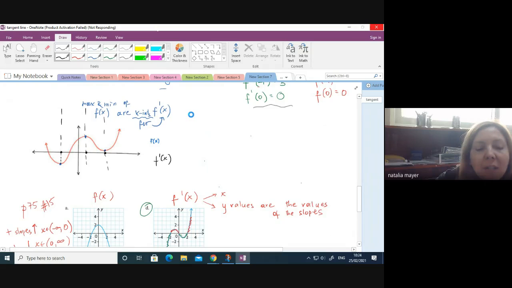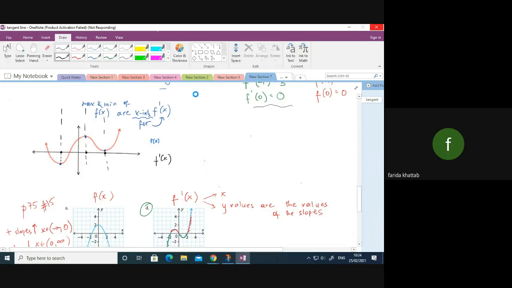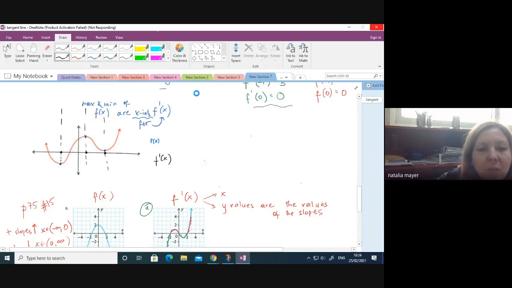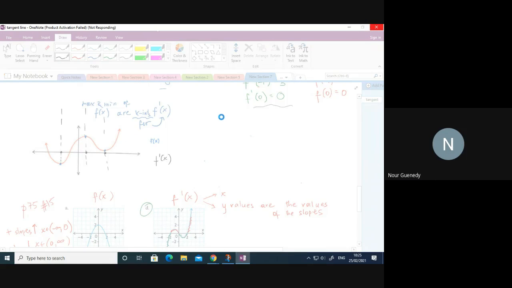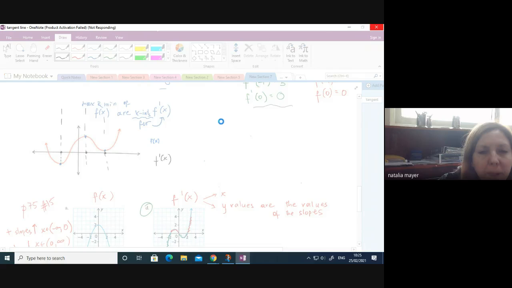The first interval, is the slope positive or negative? Negative. The second interval? Positive. The third? Negative. And the last one? Positive.